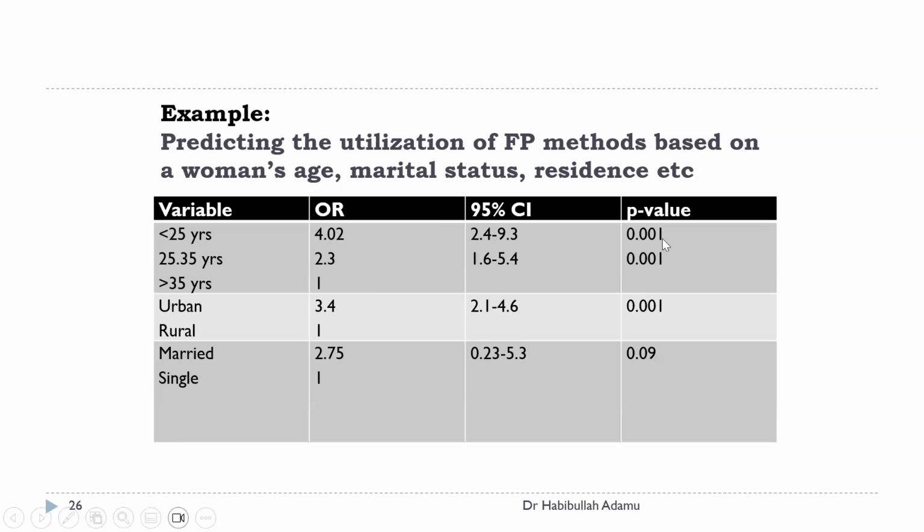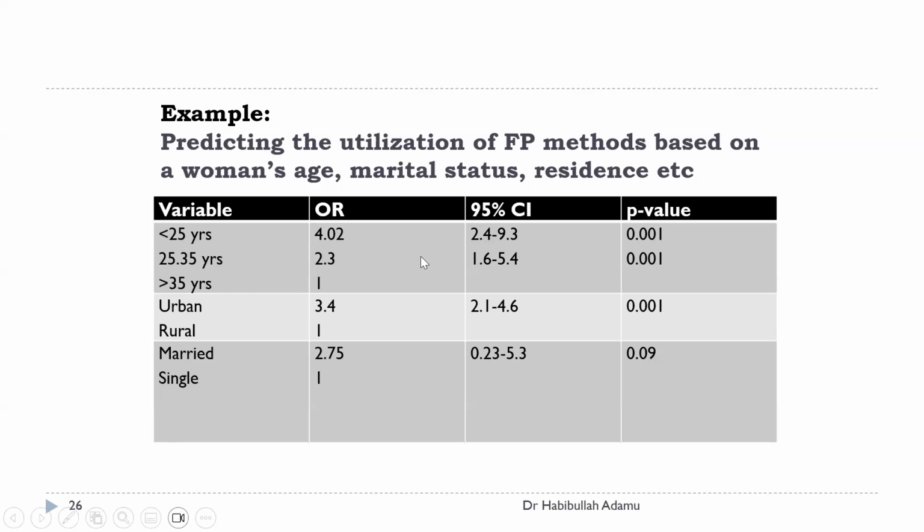So when you look at the p-value for this observation, the p-value is 0.001, which is clearly less than 0.05. We said the cutoff is 0.05, and here we have a p-value of less than 0.001. So that means this observation is what? Statistically significant.